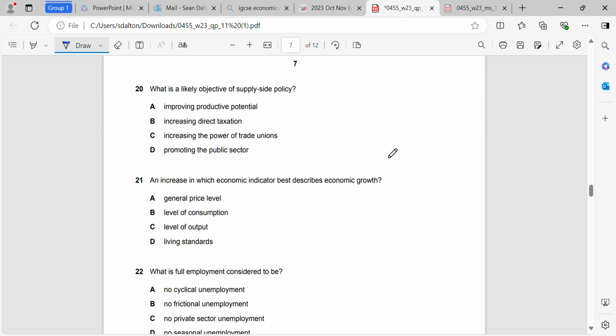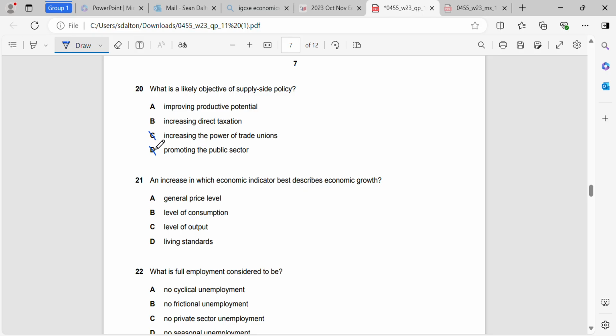Okay, what is the likely objective of supply side policy? So promoting the public sector? Definitely not. One of the policies of supply side policy is privatization, which is moving from the public sector to the private sector. So we would definitely not promote the public sector for supply side.